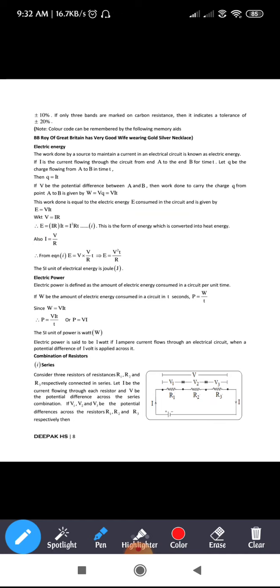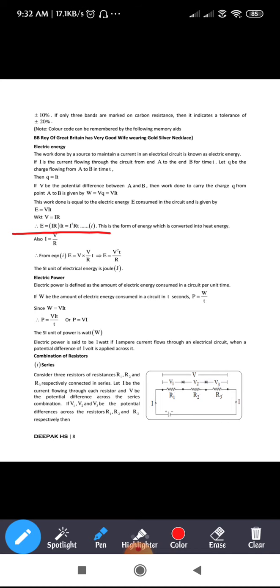So of the energy consumed by the electrical appliances, some will be lost as heat. To calculate the energy lost due to heat, you can use equation 1, that is E is equal to I square RT.